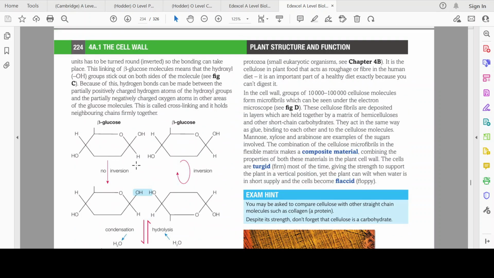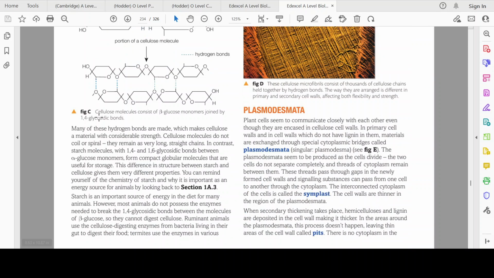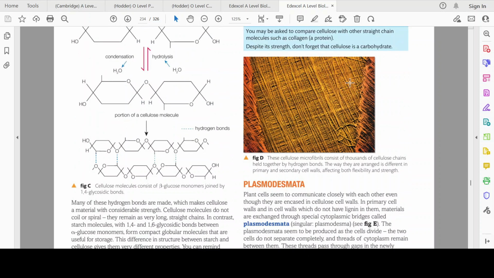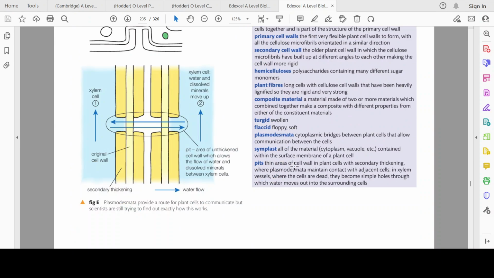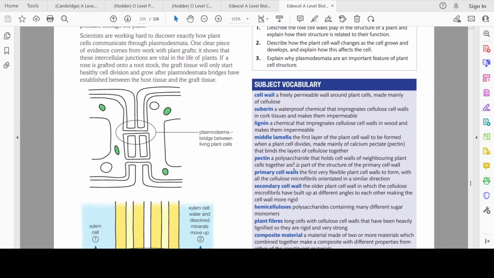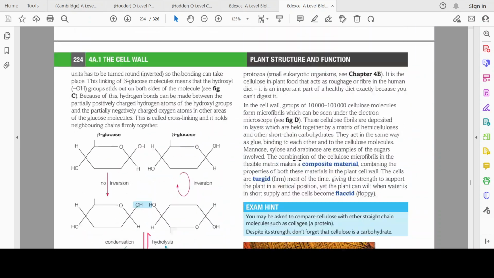But we cannot digest plant material, we cannot digest cellulose. Something we already knew. These different cellulose molecules come together to form microfibrils, and that's an electron micrograph of cellulose microfibrils. The last thing I want to talk about for this chapter, I'm not going to touch plasmodesmata, is something we already know.